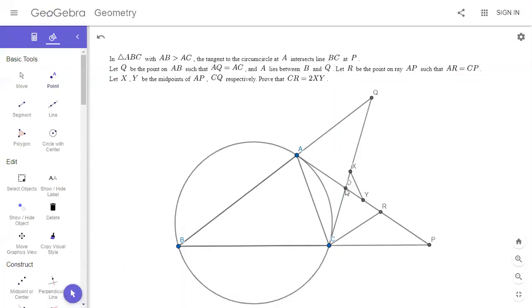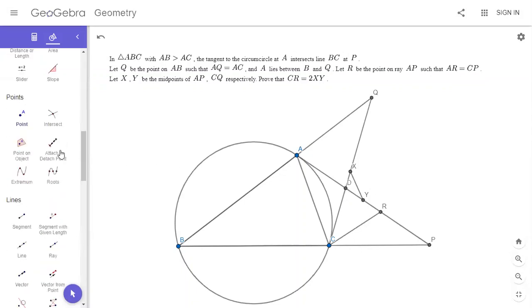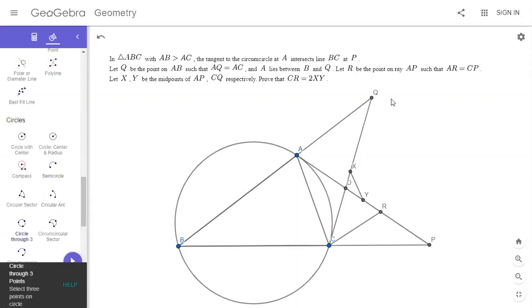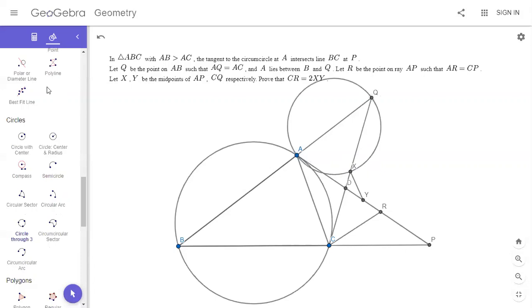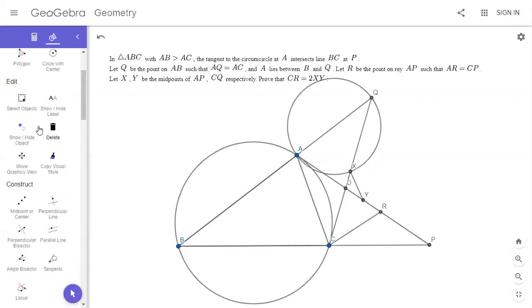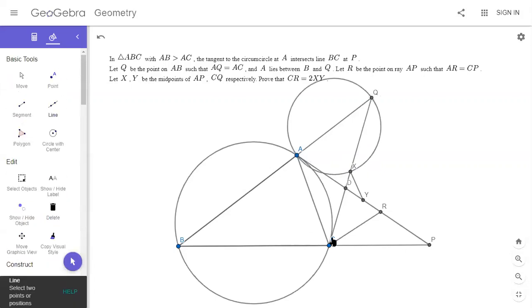You think CA is tangent to AQX? Interesting. I can try that. Is that really tangent? AQD. Oh, okay.